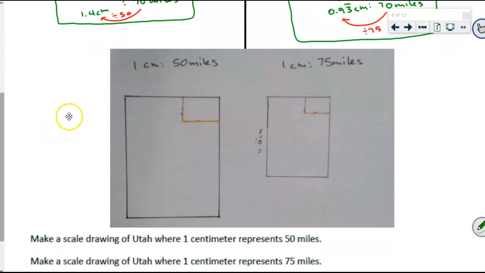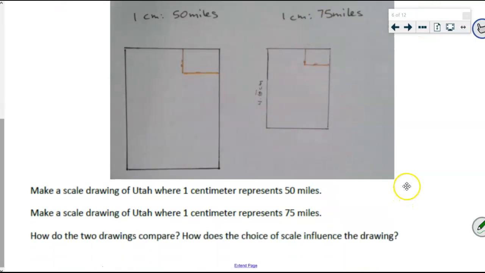Yeah, that's a great explanation. 1 centimeter is equal to a smaller amount. So that means I need more centimeters to equal that 350 miles. Here, 1 centimeter is equal to a bigger amount. So if I'm still trying to get to that 375 miles, I need fewer centimeters to access that big of a number. Joshua.